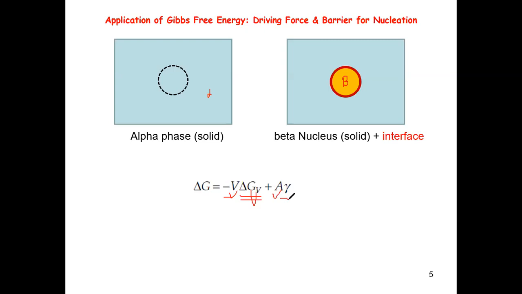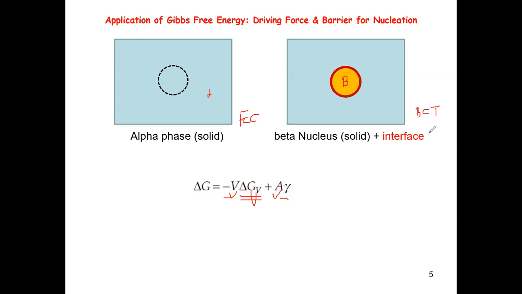One way to think about this is, if you consider these as lattice systems, the alpha phase has an FCC structure, and the beta phase has a BCC or BCT structure. The change in the crystal structure will need some energy also. Exactly, the change of the crystal structure. Why is that? Because the two solids have different crystal structures.